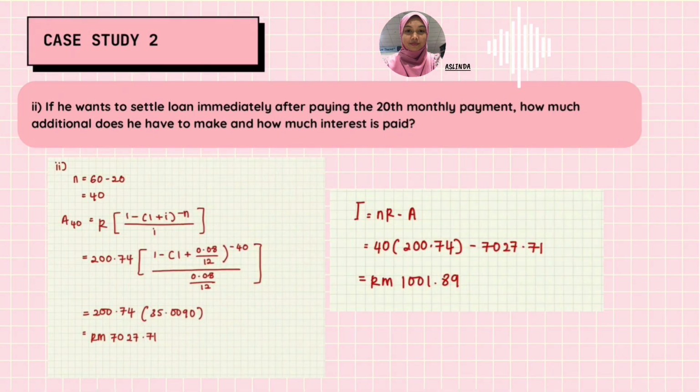Question ii. If he wants to settle the loan immediately after paying the 20th monthly payment, how much additional payment does he have to make and how much interest is paid? So for this question, we use the present value formula. So n is 40 because 60 minus 20, so we get 40.